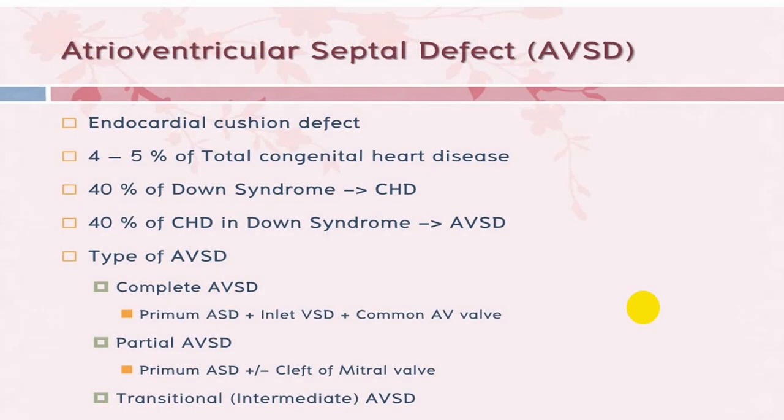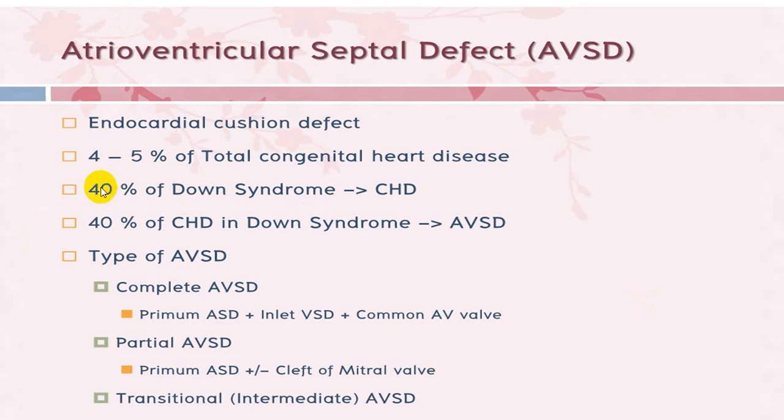VSD is also common with atrioventricular septal defect, where you will have ASD as well as VSD together. It can be complete, partial or intermediate variety, where you will have ASD plus VSD and you can have atrioventricular valve defects. It is quite common in Down syndrome.